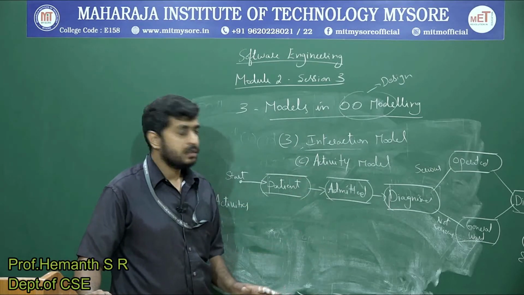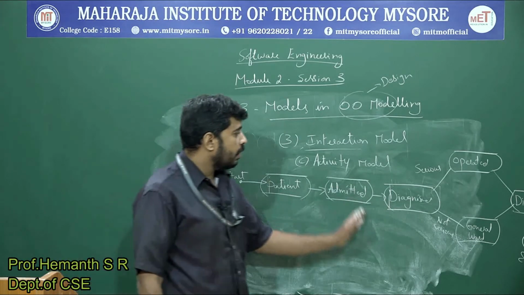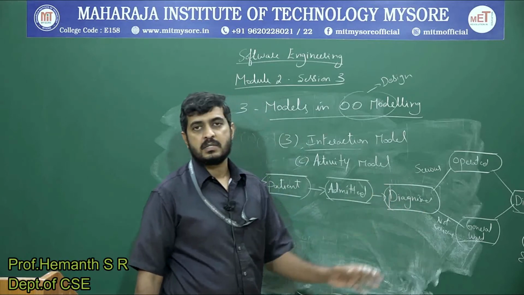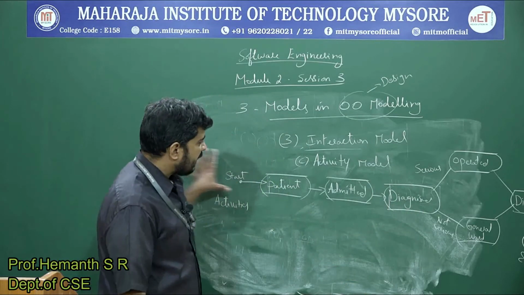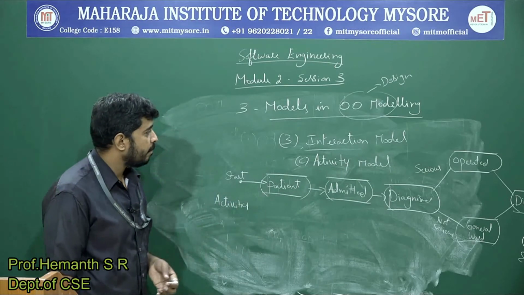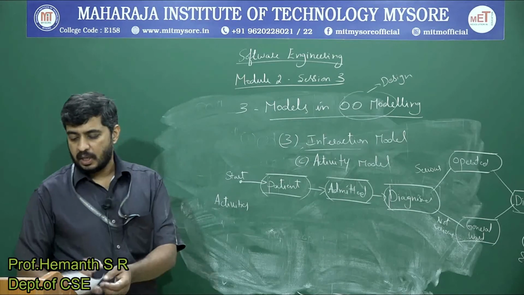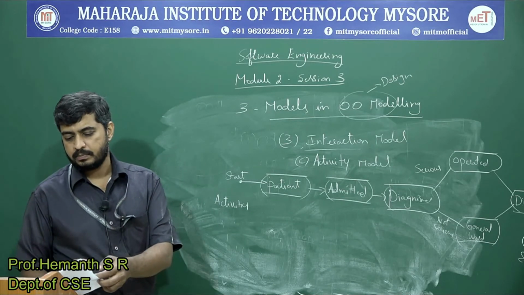It's a dynamic model. We can visualize the different activities handled by the system, so design details of it can be visualized very easily. So this was the next one, the activity model, coming under the interaction model.